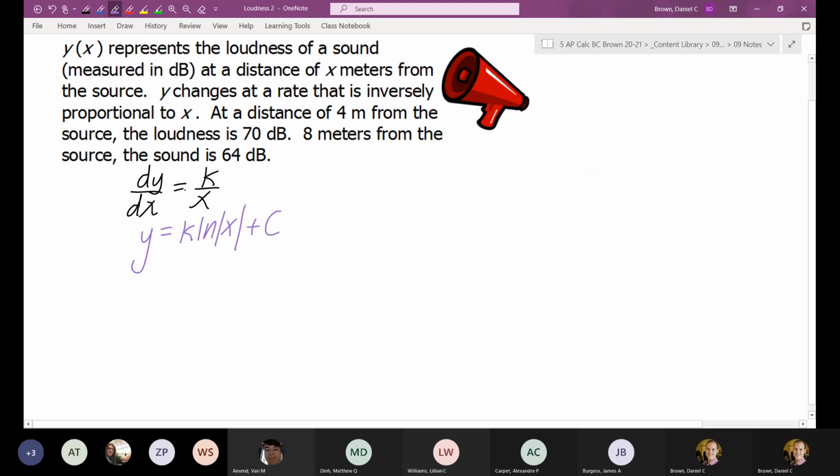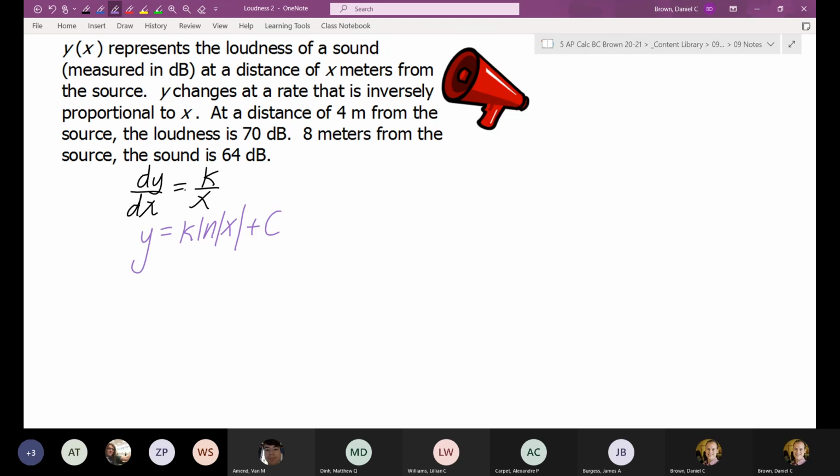And again, don't forget that c, these will always have two constants. 1 over x will be the natural log of x. Do I technically need the absolute value for this one? No, the distance was always positive, so technically we could drop the absolute value. Y is already by itself, so there's nothing to really rewrite.